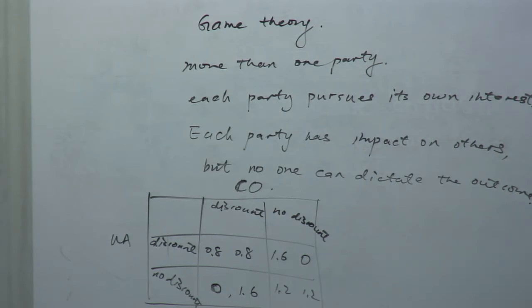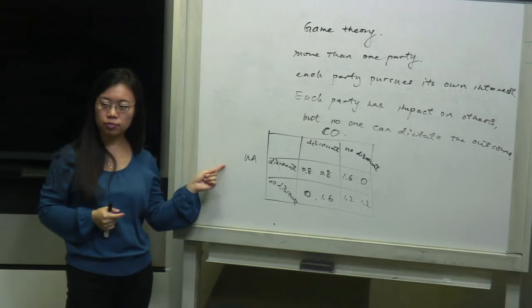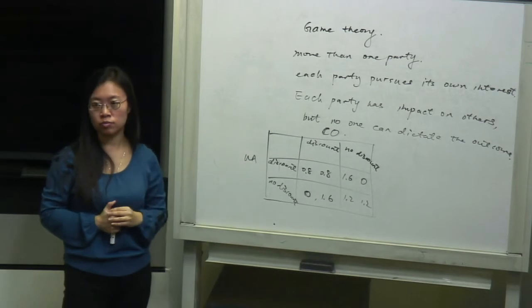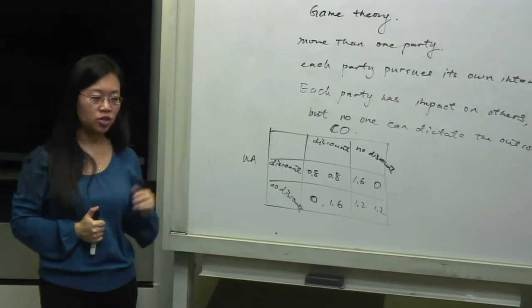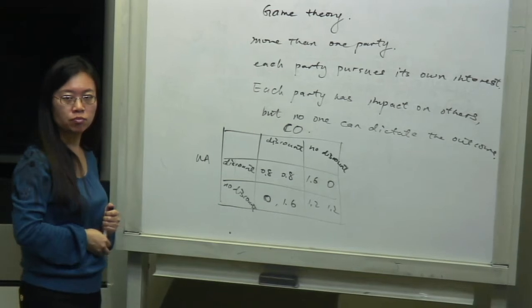Okay, now let's apply the game theory. We want to use game theory to analyze how each player is going to play, which strategy each one is going to choose, and also to predict the outcome. The game theory tells us the following.